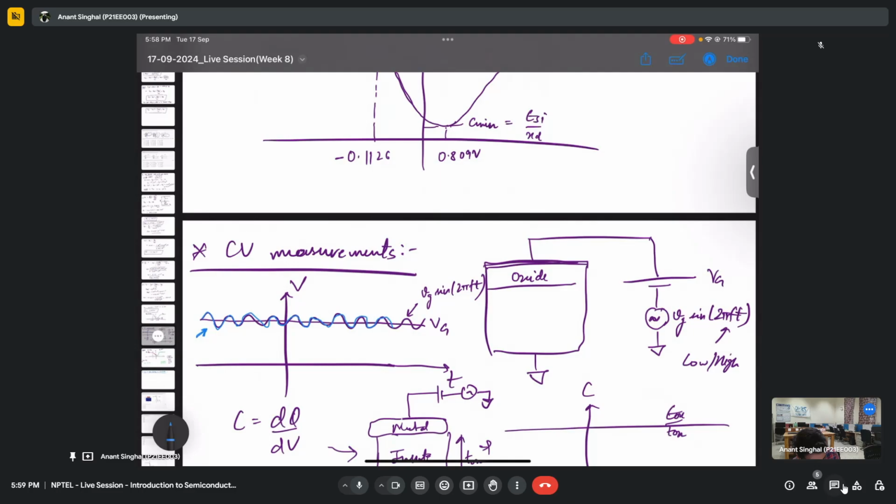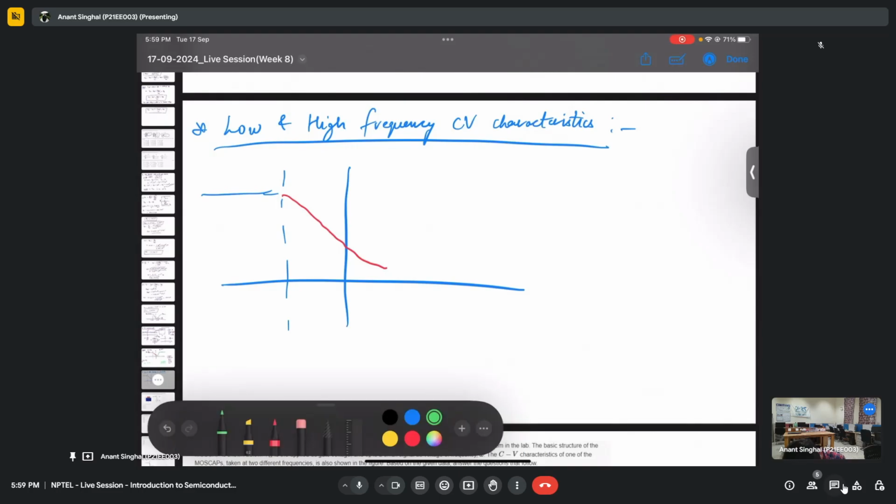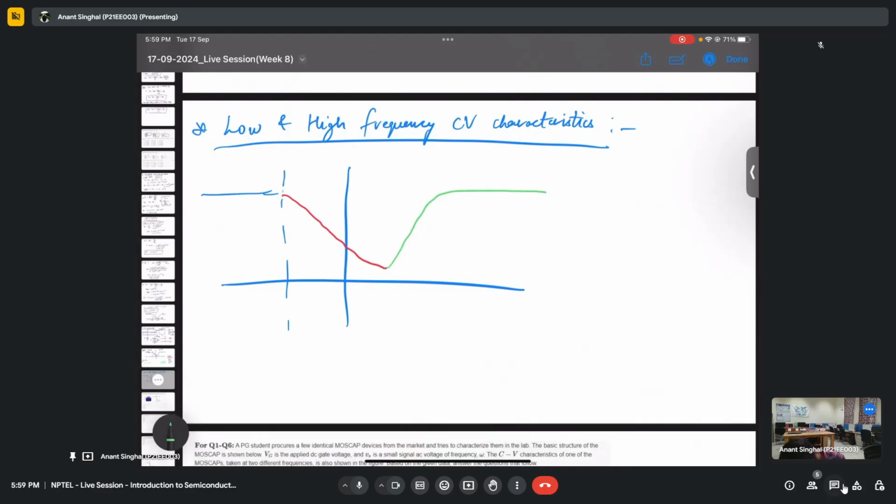So what happens is, maybe I can first draw and then explain. So accumulation, then we have depletion, and at last we have inversion. So what happens for accumulation and depletion?